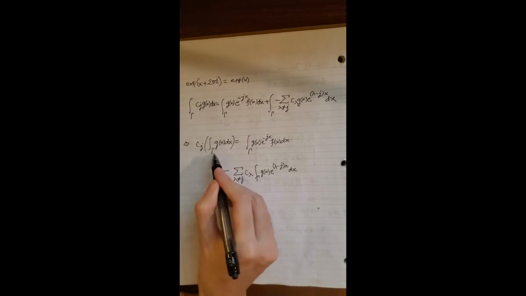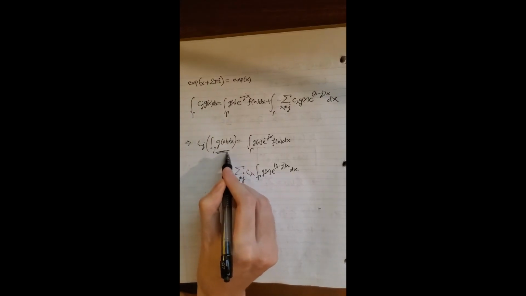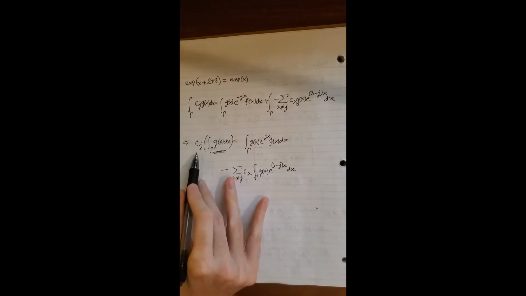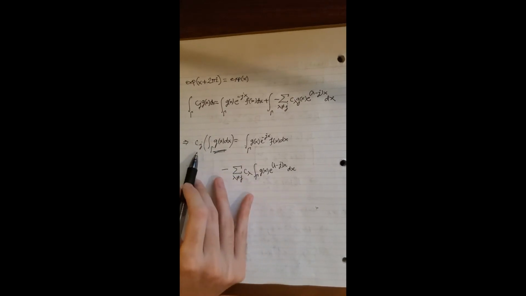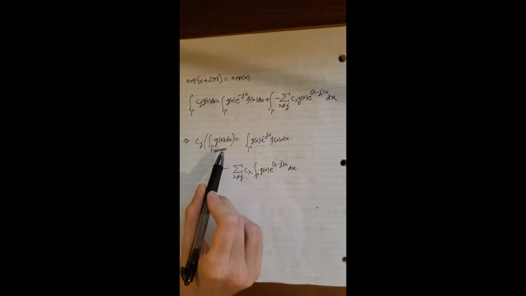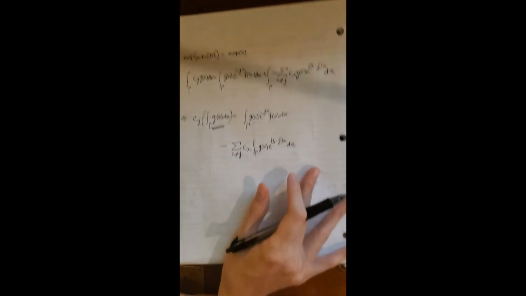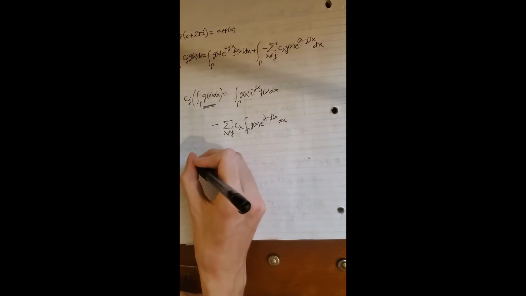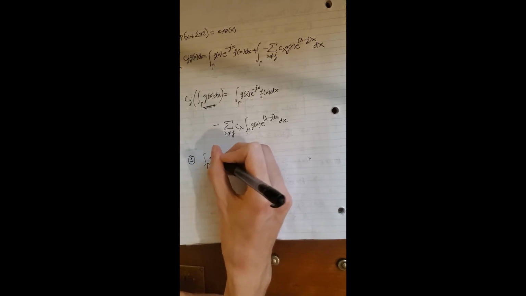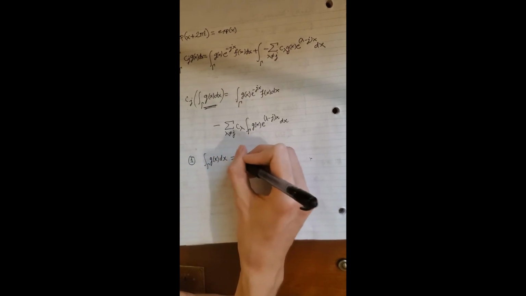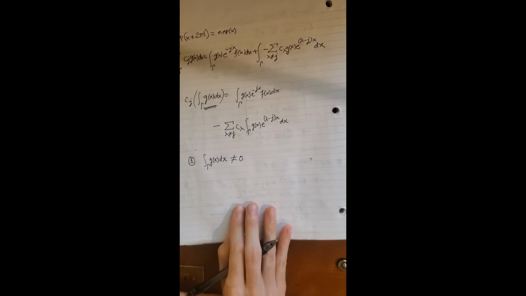And if this thing is not 0, then we can divide by it and solve for c_j, right? And if it is equal to 0, then we can't get any information about c_j. So we need this thing to be non-zero, right? So that's the first thing we need. Step 1, we need this integral to be different from 0. Okay.